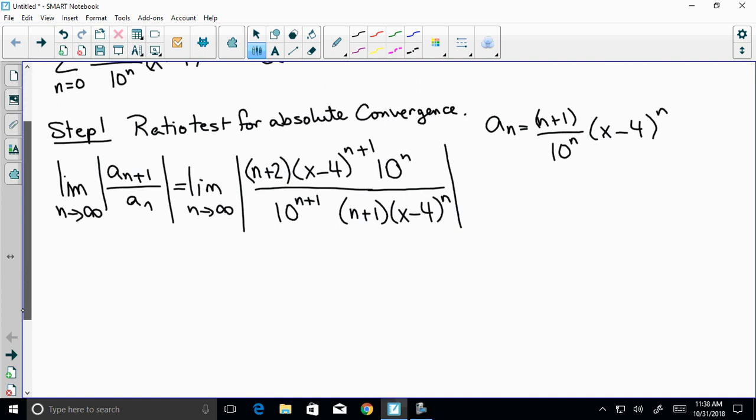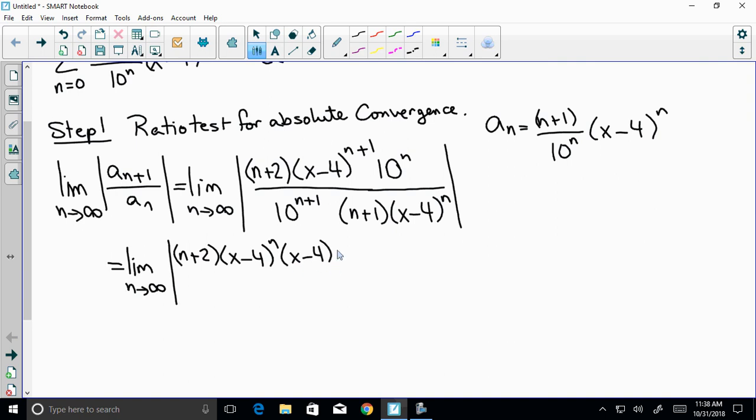Now I need to simplify it. So to simplify it, I can open this out a little bit more. Limit as n goes to infinity, absolute value, n plus 2, x minus 4 to the n times x minus 4, then 10 to the n, over 10 to the n.